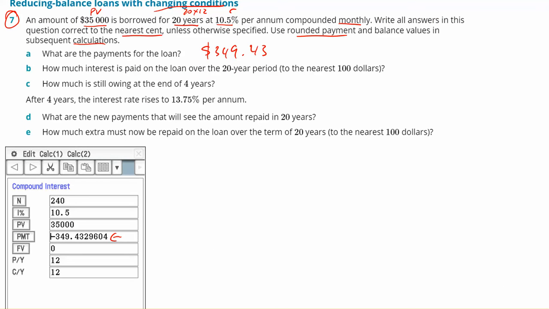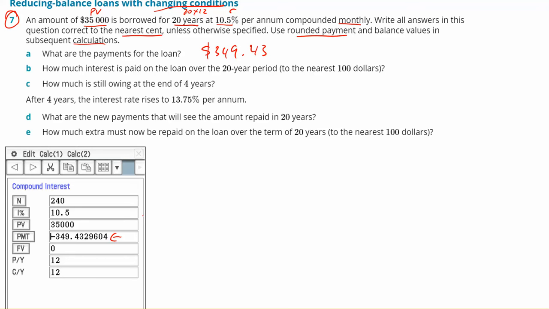How much interest is paid over the 20-year period, to the nearest $100? So we want to find how much interest is paid over the loan in 20 years.